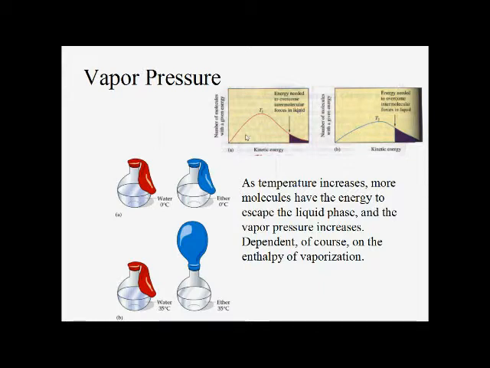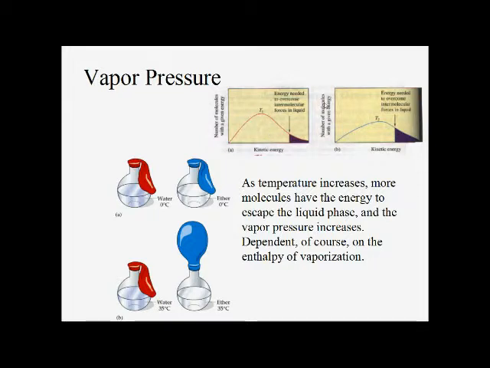The graph up here shows a range of kinetic energy or velocities of molecules. So the vertical axis is abundance, and the horizontal axis is kinetic energy. If there's a certain amount of energy there to overcome the intermolecular forces, a certain fraction of the liquid can overcome that and escape into the gas phase, whereas a majority will not have that energy.